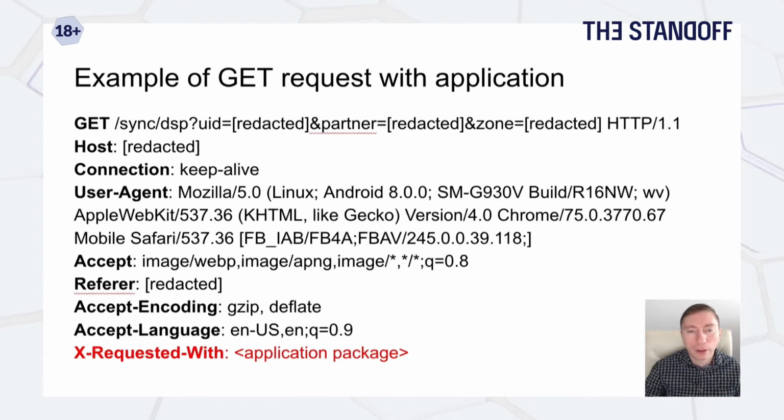And related to mobile application statistics, we had this type of request where at the end was an X-Requested-With field that had a mobile application name there. So that's why we were able to also do some statistics about mobile applications that were using this type of service.